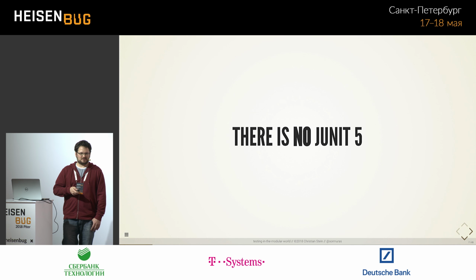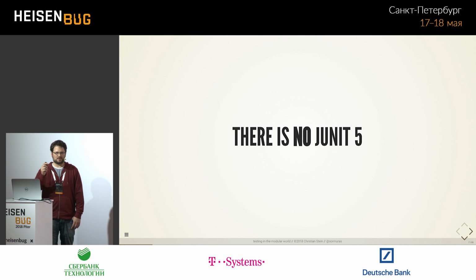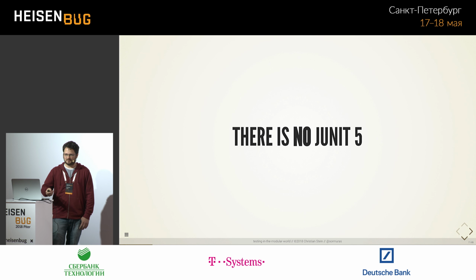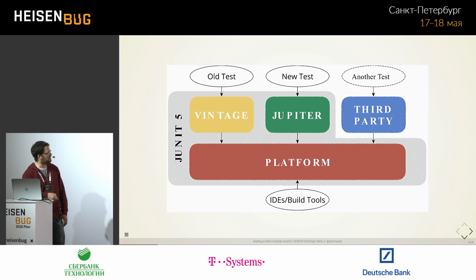You can't just declare JUnit in your dependency management tools and flip from 4 to 5 and then you're done. This is not going to work because JUnit 5 actually looks like this. Here you see the big picture, and as you can see in the colors on it, JUnit 5 is the gray box around 3 parts.